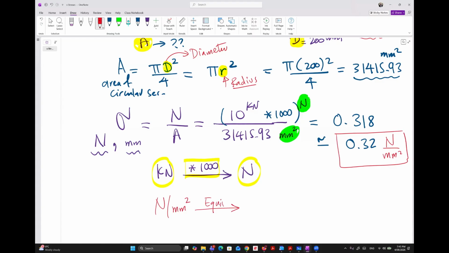It is something like kPa, but it will be MPa. So kPa is kilopascal, MPa is megapascal. So you can use both of them, MPa or Newton per millimeter squared.